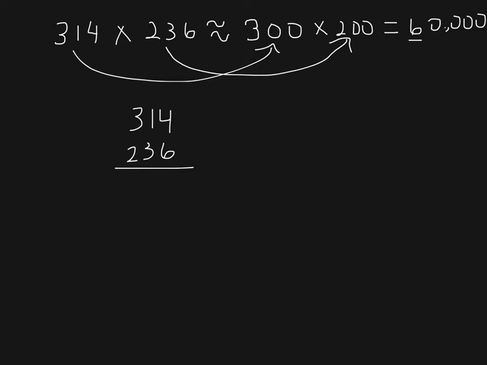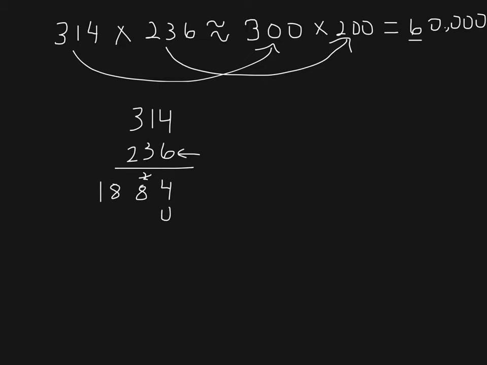So I'm going to start off by multiplying the 6 in the ones place down here by all of the numbers in the top factor. 6 times 4 is 24 ones, so I'm going to write a 4 in the ones place and 2 tens in the tens place. 6 times 1 ten is 6 tens, plus that other 2 tens will be 8 tens. And finally, 6 times 3 is 18 hundreds.